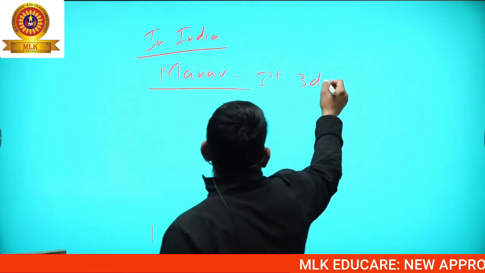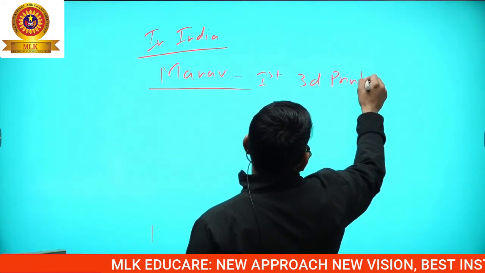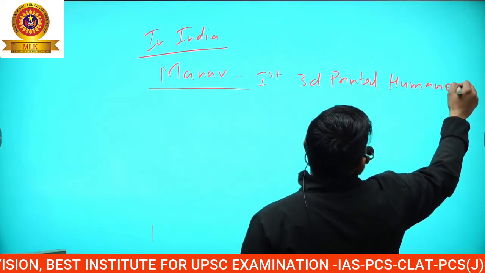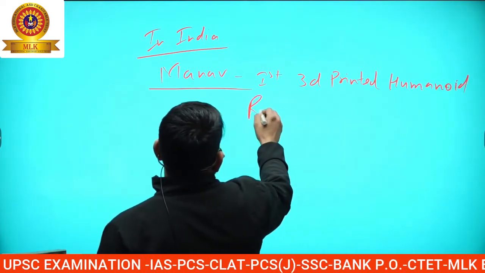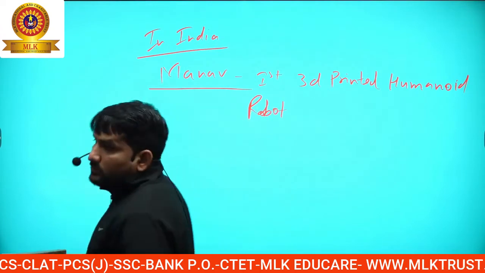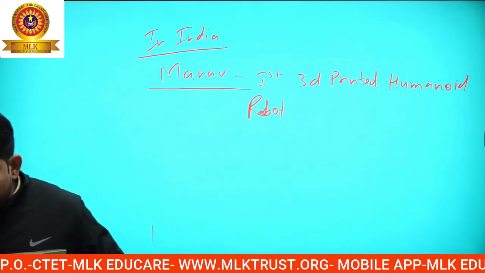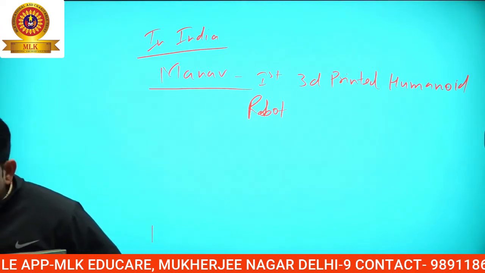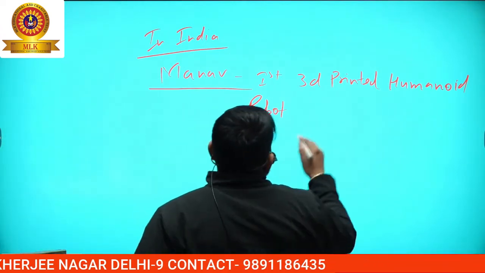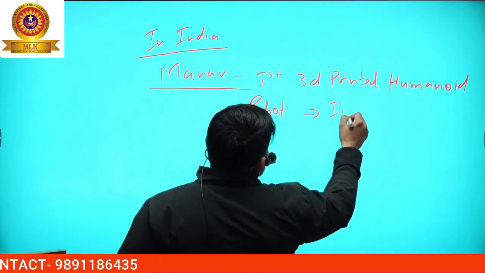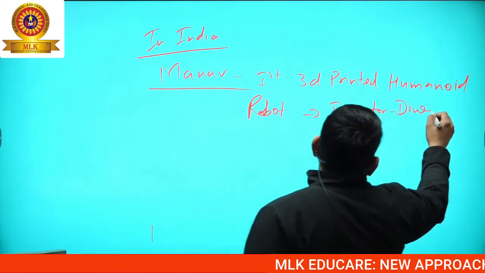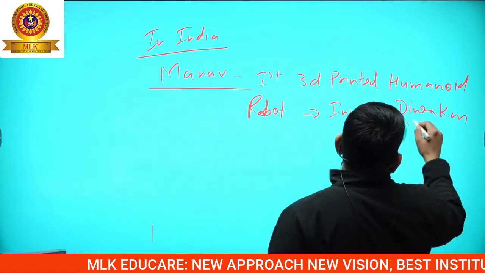First 3D printed humanoid robot, and its inventor is Diwakar Vaish. Who is its inventor? Diwakar Vaish.